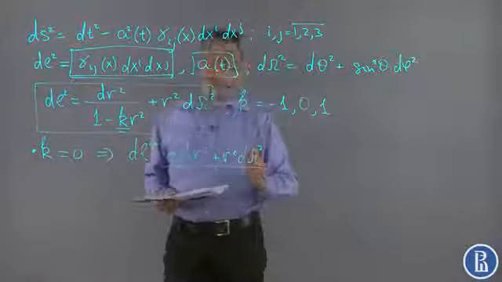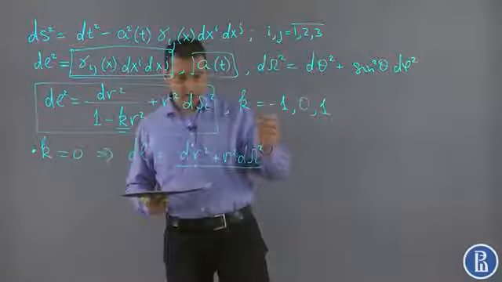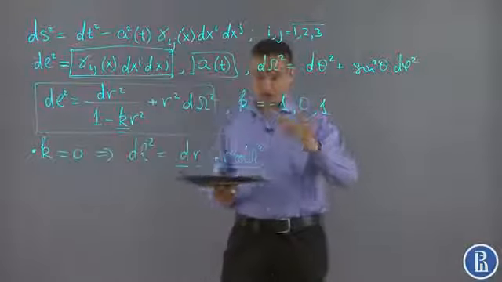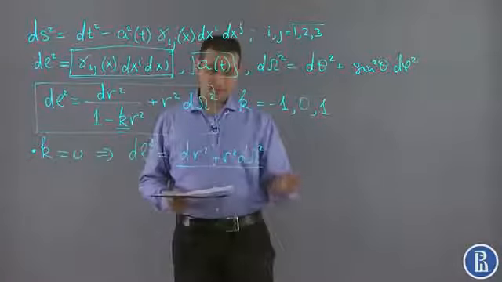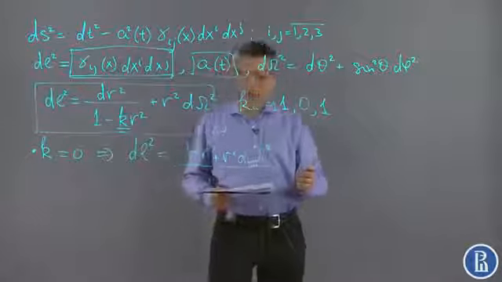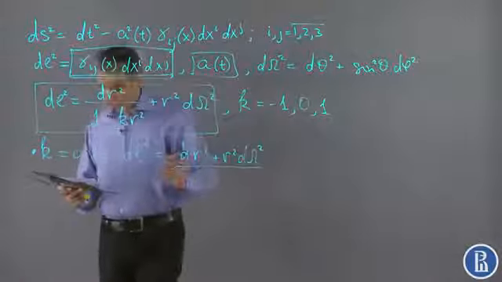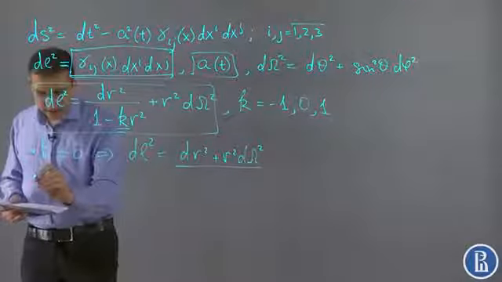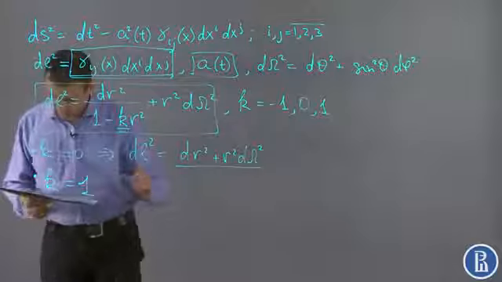Obviously, this is a homogeneous space. Every point of this space is equivalent to every other, and all directions from every point are equivalent. And obviously, this space corresponds to a constant curvature situation. The curvature is 0.